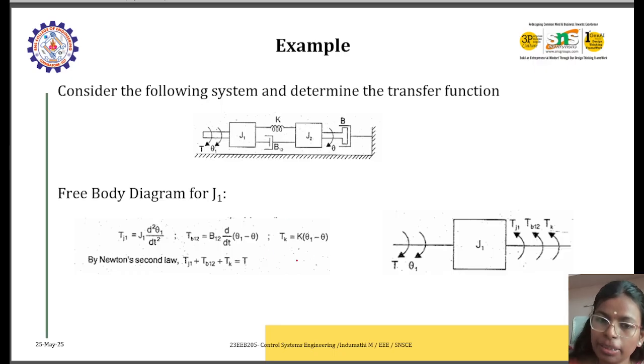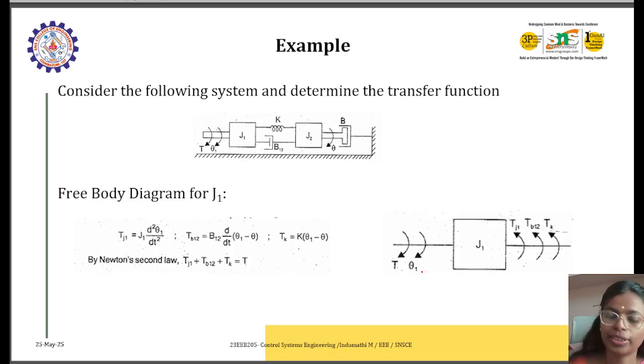B12 times d by dt of the difference between the two displacements, theta 1 minus theta 2. And K is also connected between J1 and J2, so K times theta 1 minus theta 2.